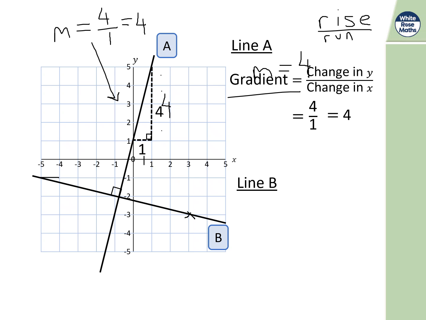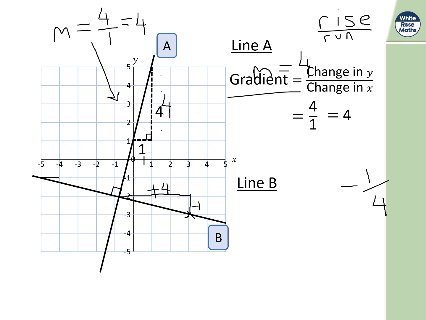So I'm going up 1, and then I'm going 1, 2, 3, 4 to the left. Or you could say positive 4 and minus 1. It doesn't really matter which one you do. So, remember what I said, rise over run. So the change in y here is minus 1 over the change in x. It's going to be 4, so it's minus a quarter.